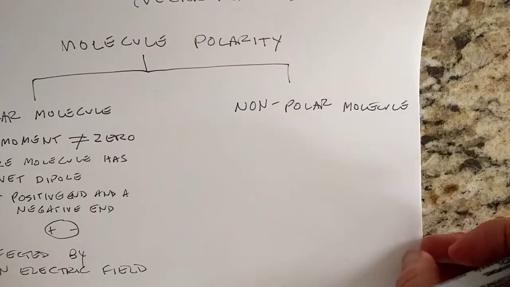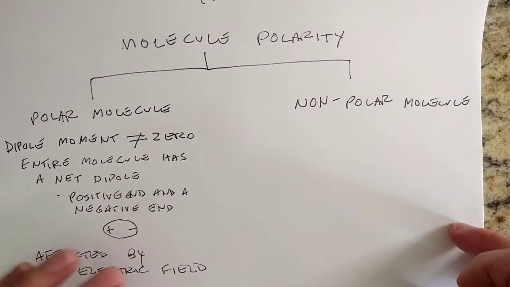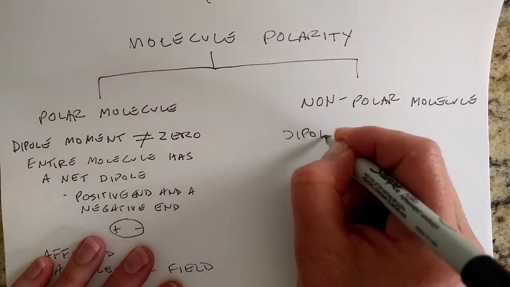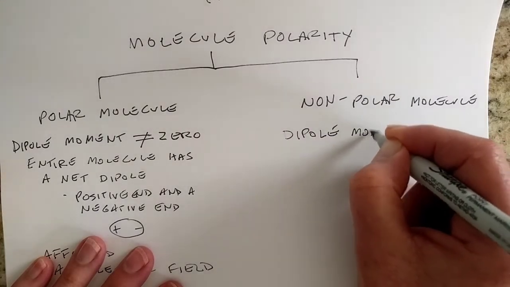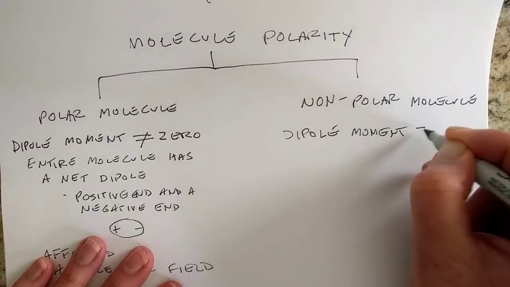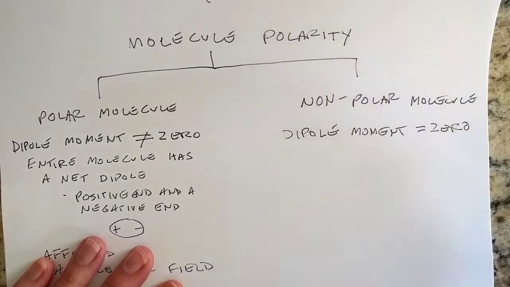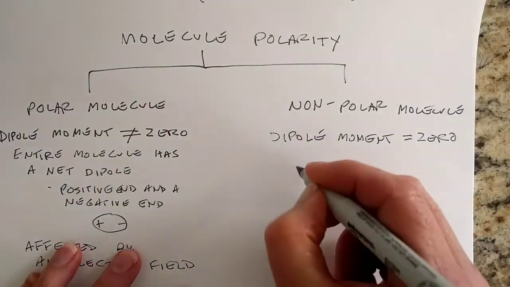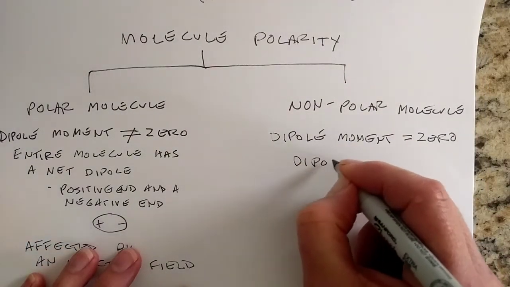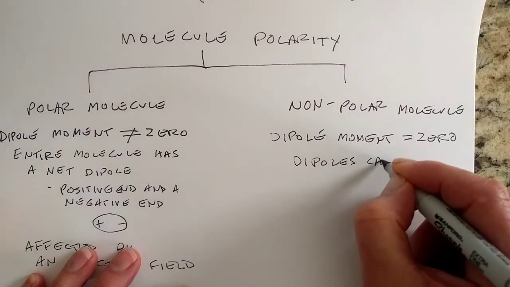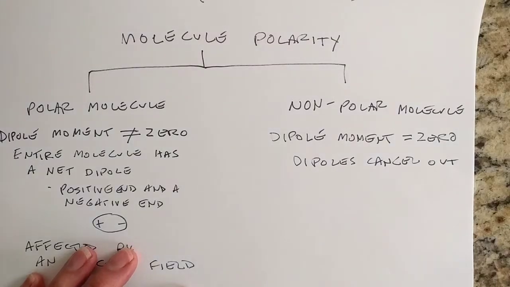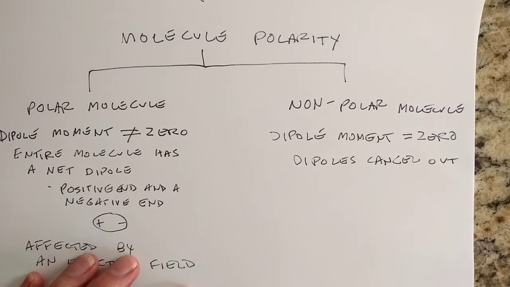All right, so our nonpolar molecule, our dipole moment does equal 0. And that is because our dipoles cancel out. So we do not have a positive end and a negative end of the molecule.